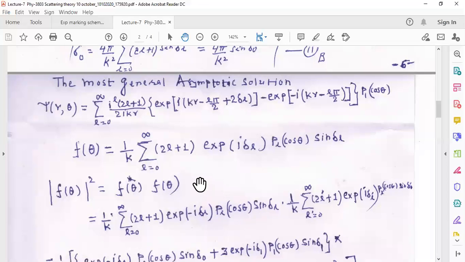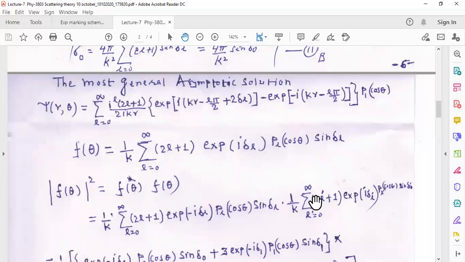And then I take f(theta). I'm using a dummy variable. Now, of course, this L and L dash run from 0. So it is 1 upon k, and sum over L dash. L dash is a dummy variable which represents the orbital quantum number, L dash equal to 0 to infinity. And you have 2L dash plus 1, because it is a sum over L dash, not L, to differentiate these two terms.